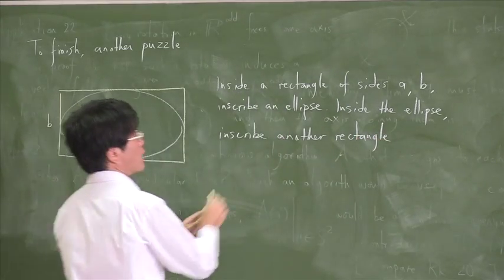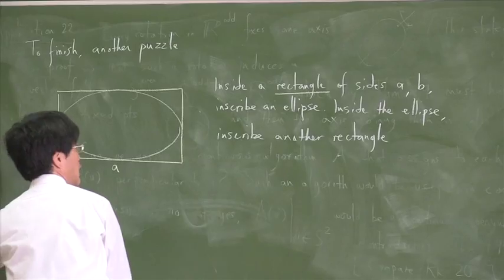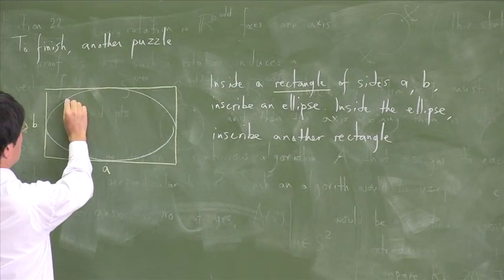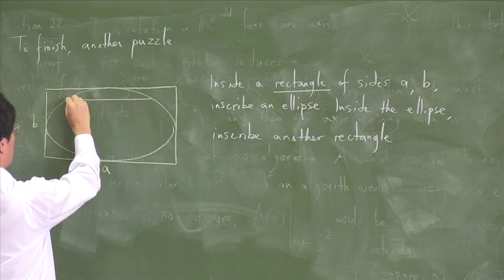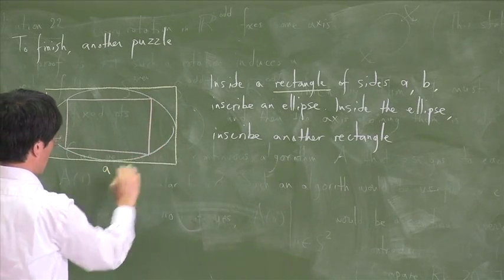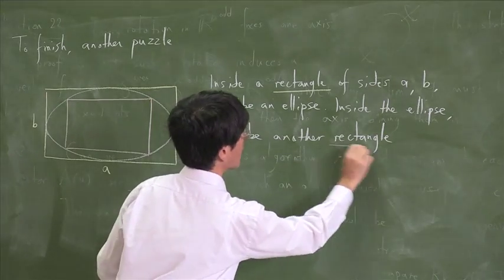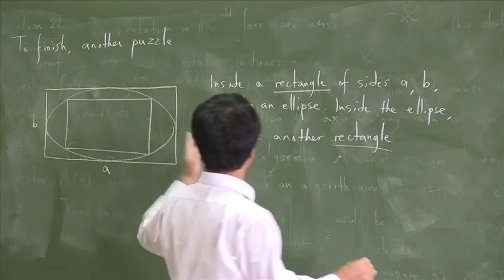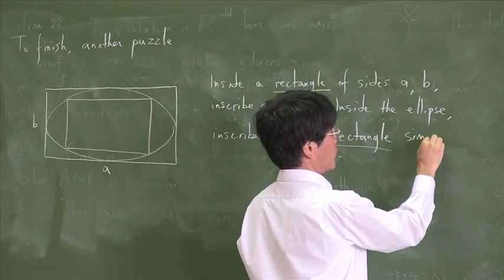So here, the first rectangle was drawn in yellow, and the second rectangle will be drawn in red or pink. Which is similar to the original rectangle.